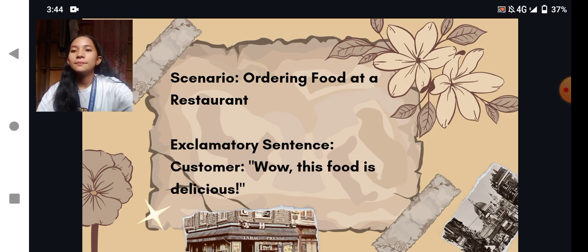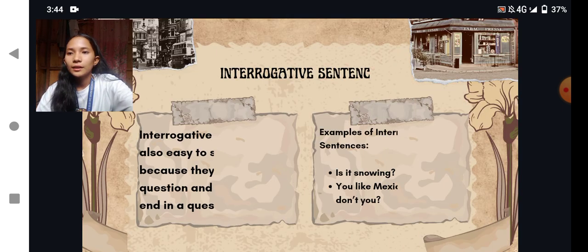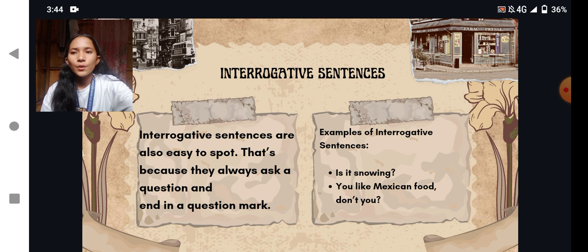The next, interrogative sentences. Interrogative sentences are also easy to spot because they always ask a question and end in a question mark. Interrogative sentences are used to ask questions and end with a question mark.